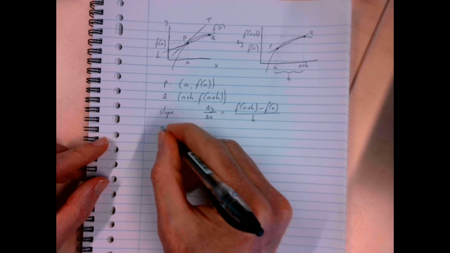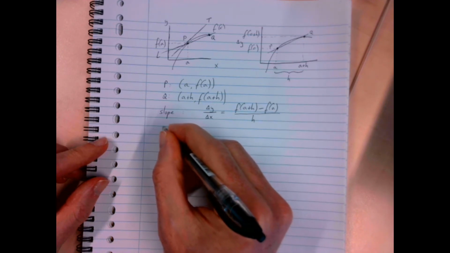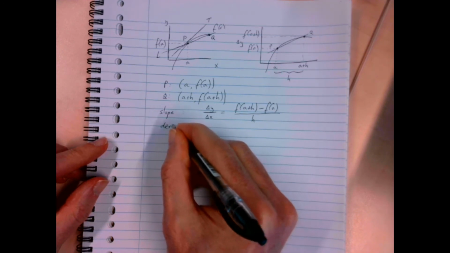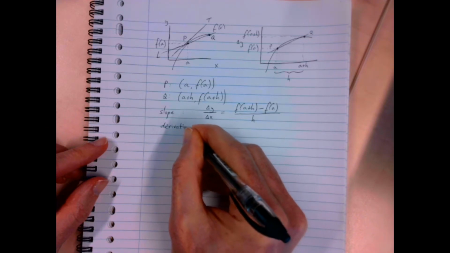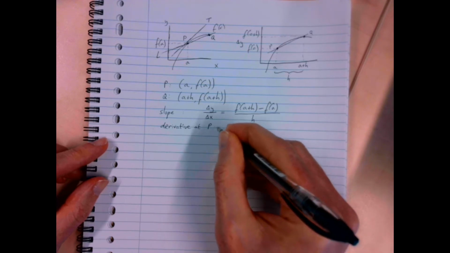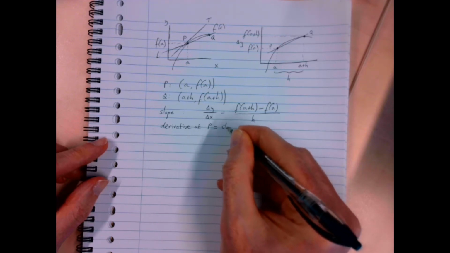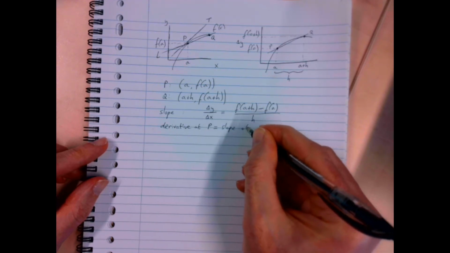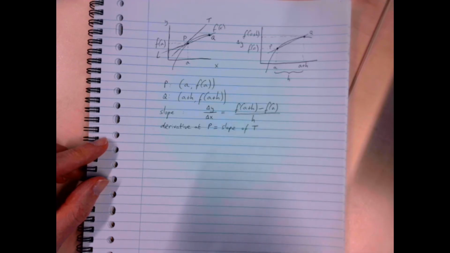So I'm going to define the derivative at P. That is, by definition, the slope of the tangent line. We call that T, the tangent line.